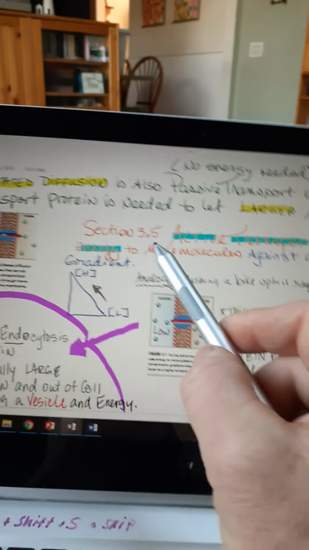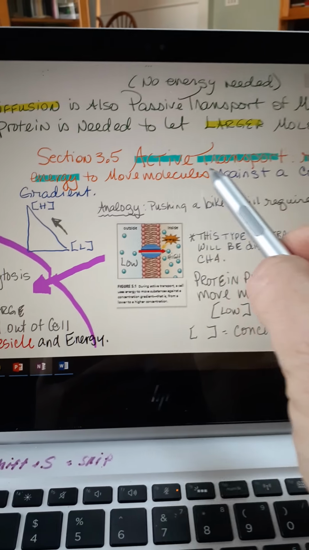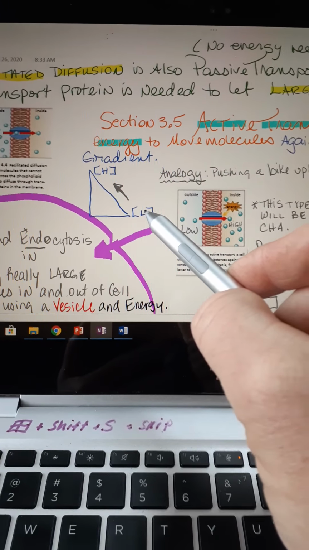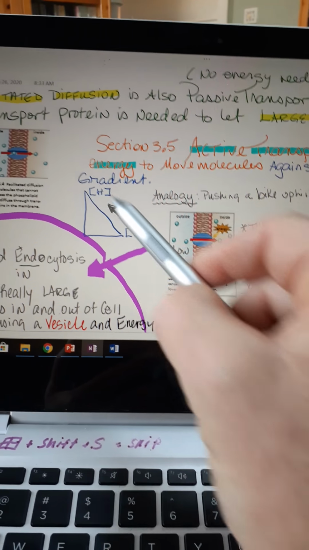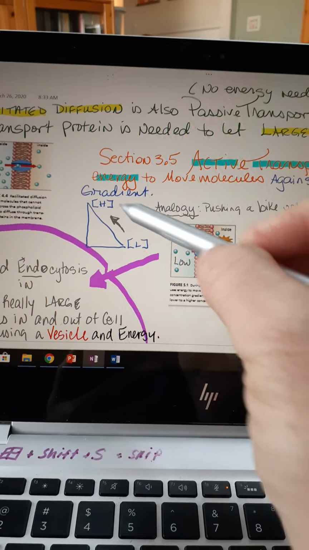Okay, section 3.5. Active transport requires energy to move molecules against a gradient. So here we're going from a low concentration of molecules to a high. Picture pushing your bike uphill. That's going to cost energy, and the cell will provide that energy.